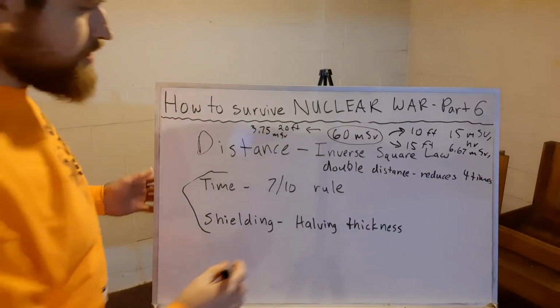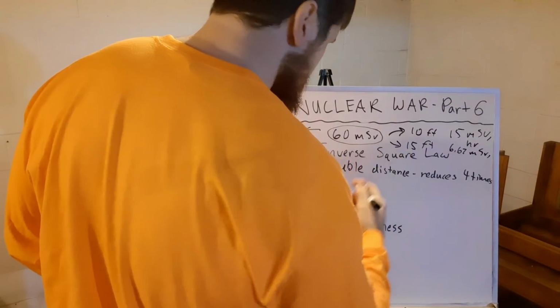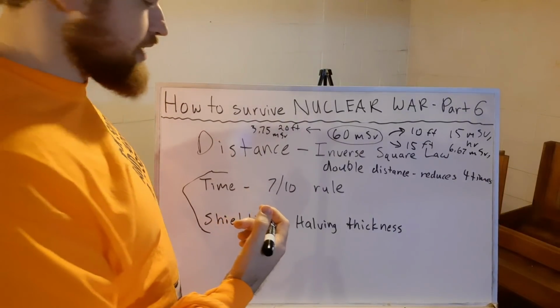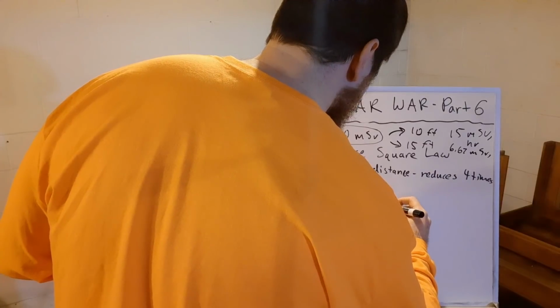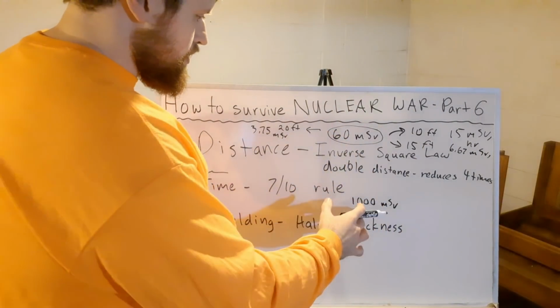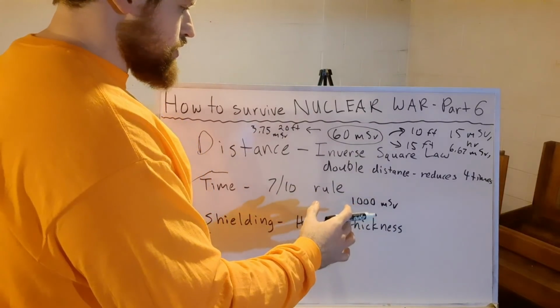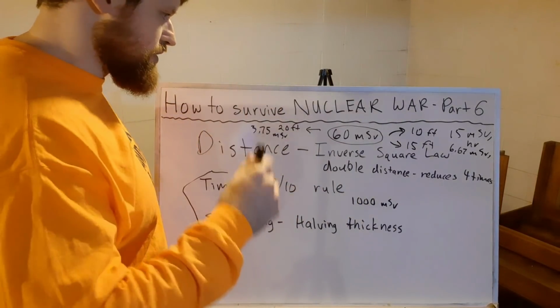Let's say right now as we speak, I take a measurement with my dosimeter, and we get, let's say, 1,000 millisieverts per hour. That's our dose, our absorbed dose right now. 1,000 millisieverts per hour this second.